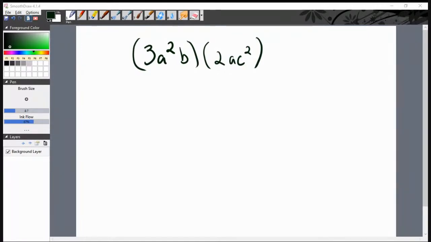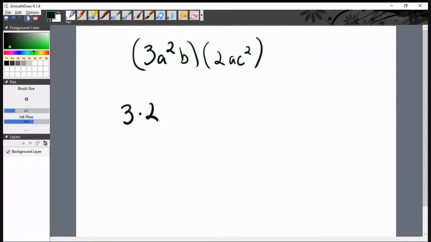The coefficients are 3 and 2. Okay? Those are the coefficients. They're the numbers that we multiply the variables by. So if the first step is telling us to multiply the coefficients, then that's what we're going to do. 3 times 2. Okay?